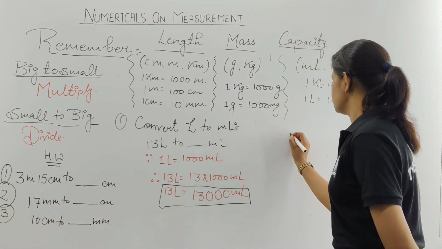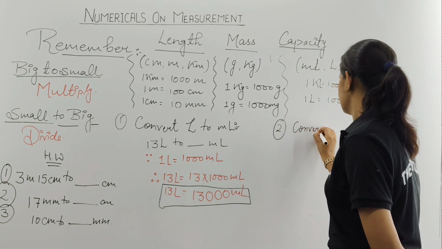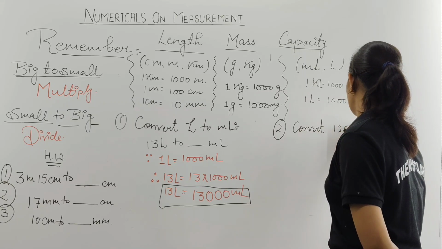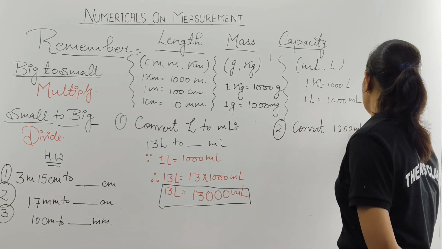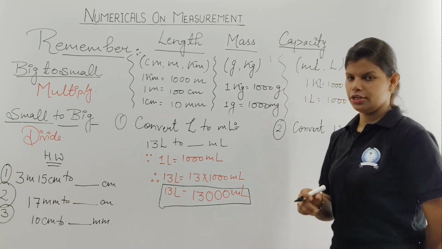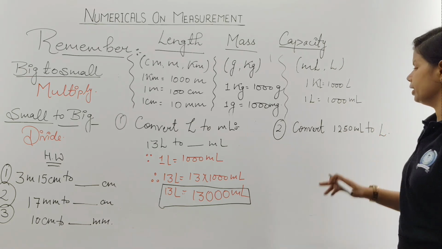So the second pattern which we are going to deal with: convert 1250 milliliter to liter. 1250 is your milliliter and you have to convert to liter.